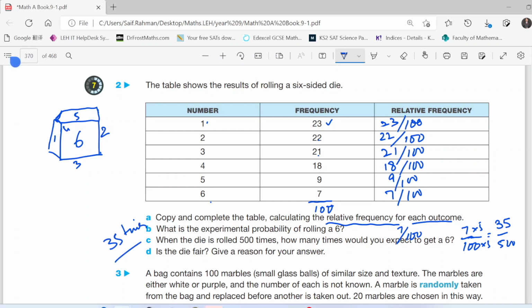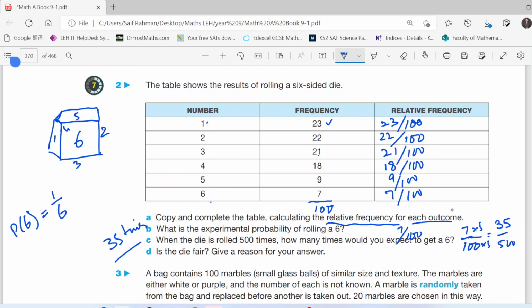And is it a fair dice? Give a reason for your answer. If it was a fair dice, the probability of rolling a 6 would be 1 out of 6, right? So 1 out of 6 makes around 16.6.